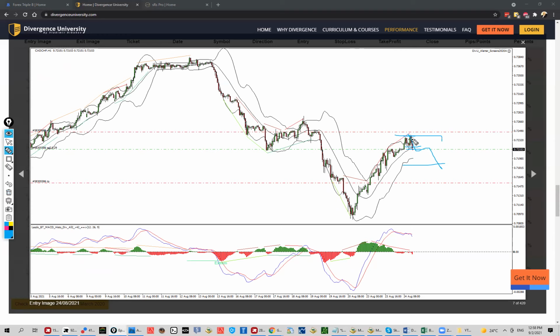All right, while in Aussie dollar, this pullback, or at least what we assume it to be a pullback, is finished and we're expecting it to continue up, right? So here we are like one step in advance and we're trying to get exactly this from the market, where the attack on Aussie dollar came only here after the ABC.